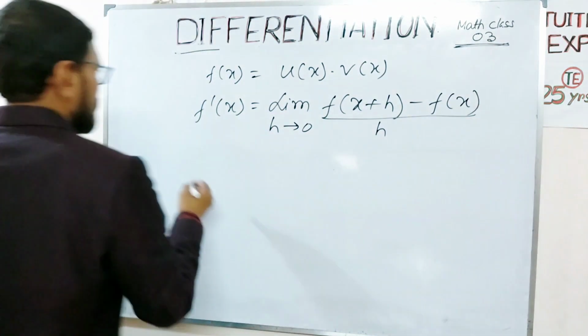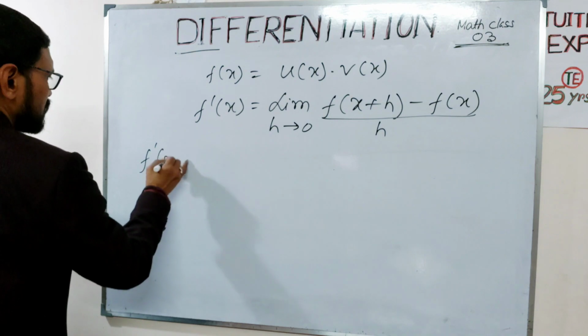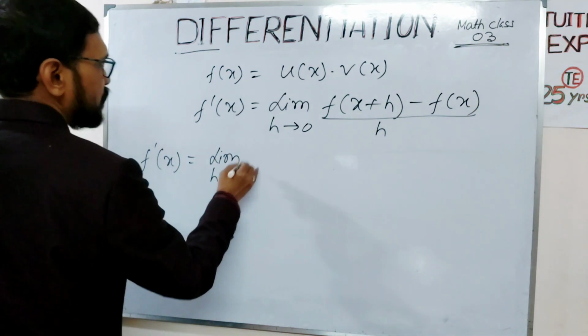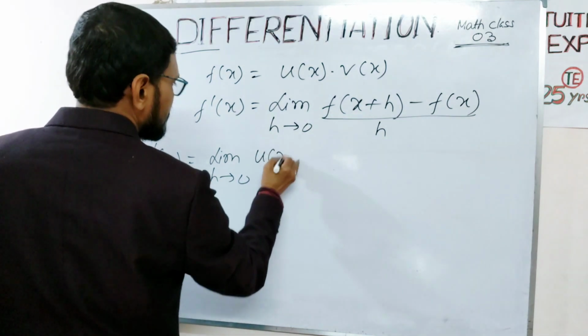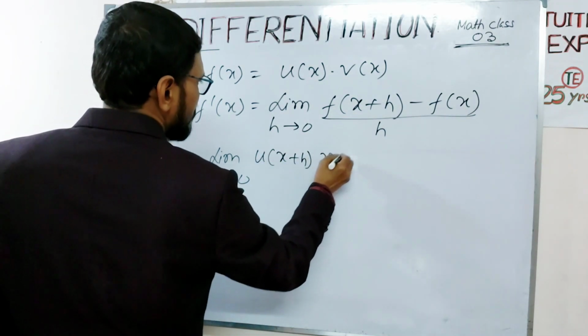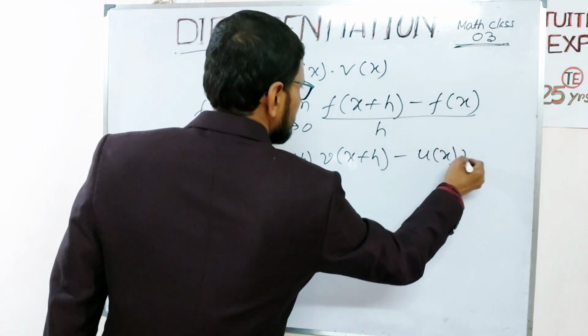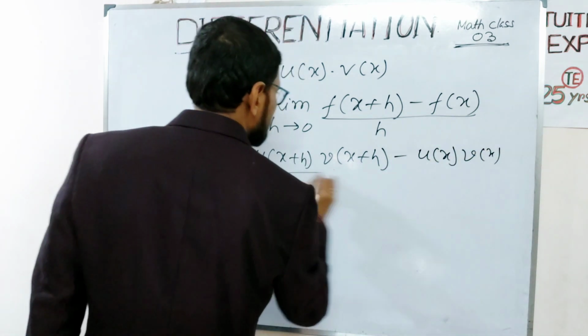So f dash x is equal to limit h tends to 0 of f of x plus h. What is f of x plus h? u of x plus h times v of x plus h minus u x v x, by h.